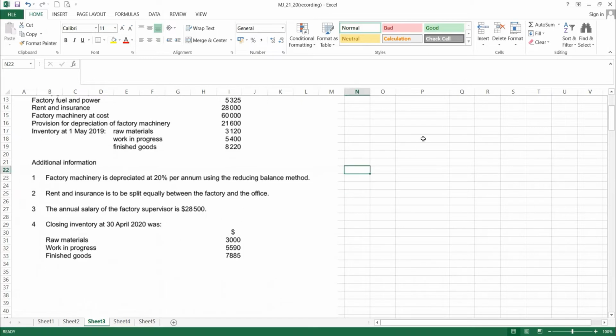We do the adjustment calculations. Factory machinery is depreciated at 20%. So number one is calculating the depreciation of factory machinery.